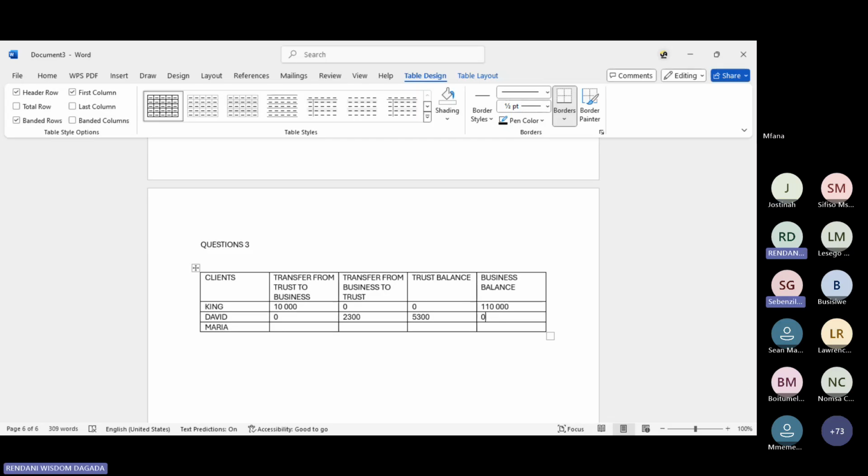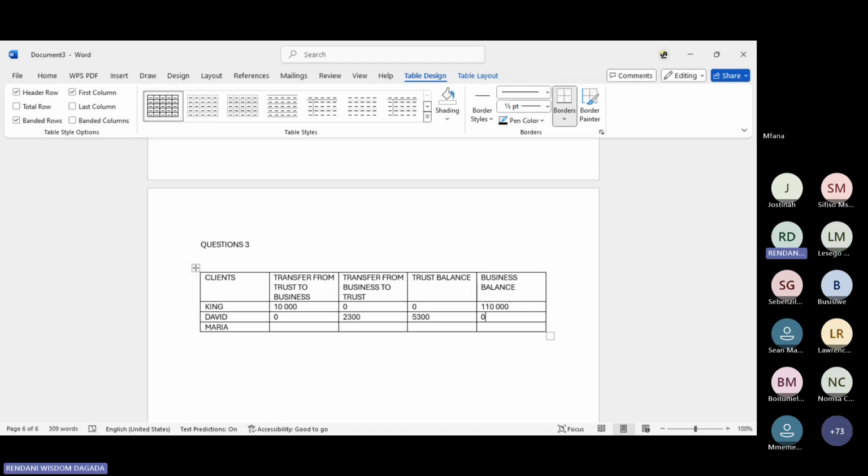Now we have Maria. Yes. Can you please explain again for David? I'm not sure if I understood. Which part? We have 3,000 in the trust, right? Yes. Then why are we not writing the 3,000 under transfer trust to business?